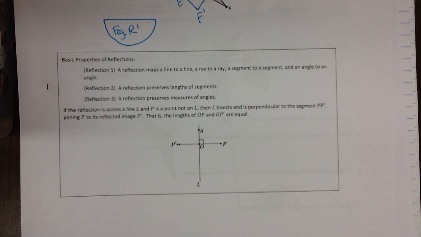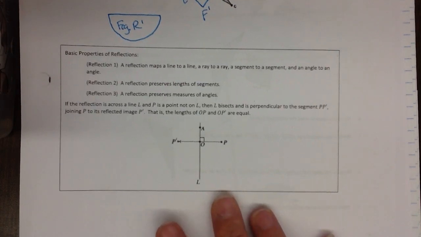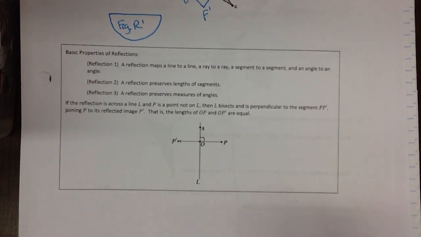If your segment was 10 centimeters to begin with, your new segment is 10 centimeters. The last one is a reflection preserves the measure of angles. Whatever the original angle was, like 66 degrees, the new angle is also 66 degrees.